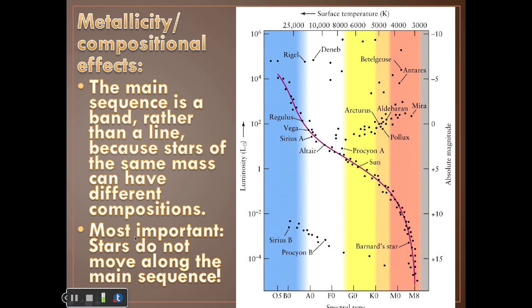And I just want to point out, as it says in this bullet here, something like the Sun is basically going to stay really close to this point the whole time. It does evolve slightly, which we will get onto. It does evolve a little during the main sequence, but it's a very subtle effect. It certainly is not going to change hugely and travel up and down the main sequence. It'll change in a very small way.